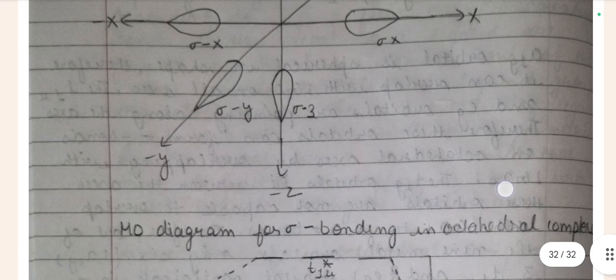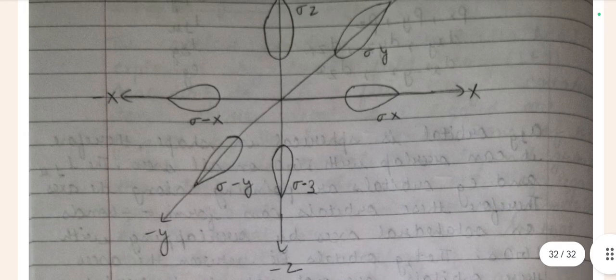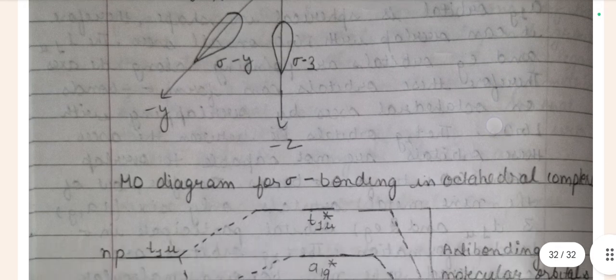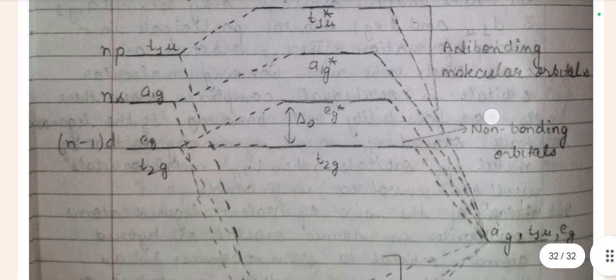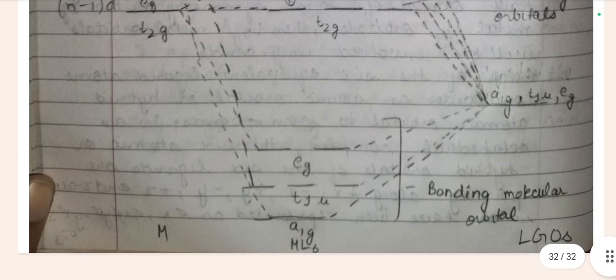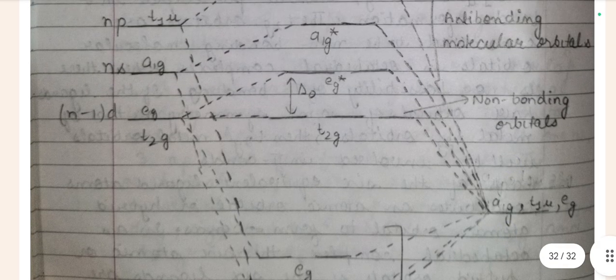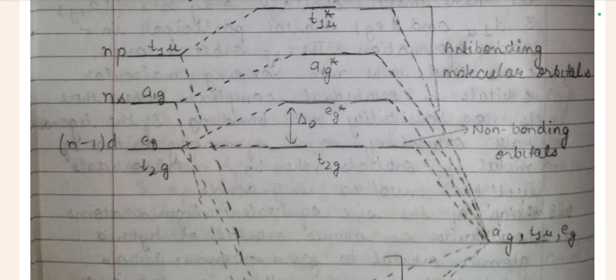The diagrammatic representation shows the MO diagram. The bonding molecular orbitals are eg, t1u and a1g, the non-bonding molecular orbitals are t2g, and the anti-bonding orbitals are eg*, a1g* and t1u*.